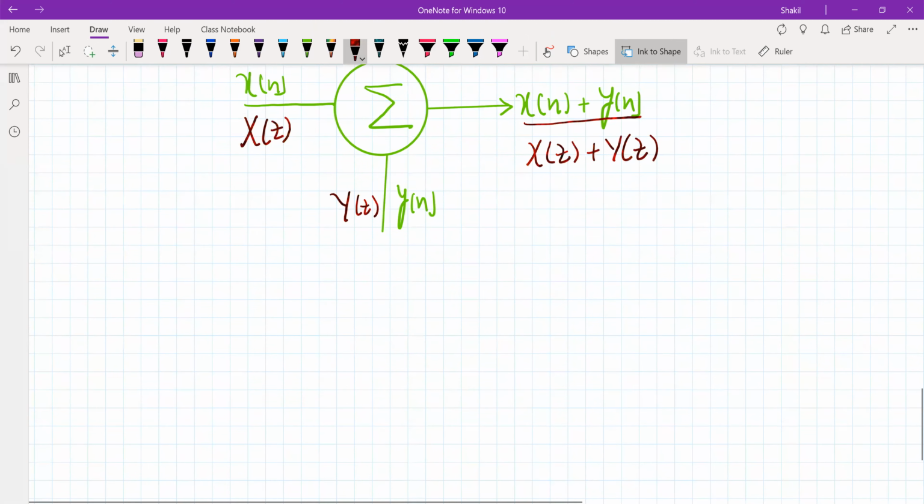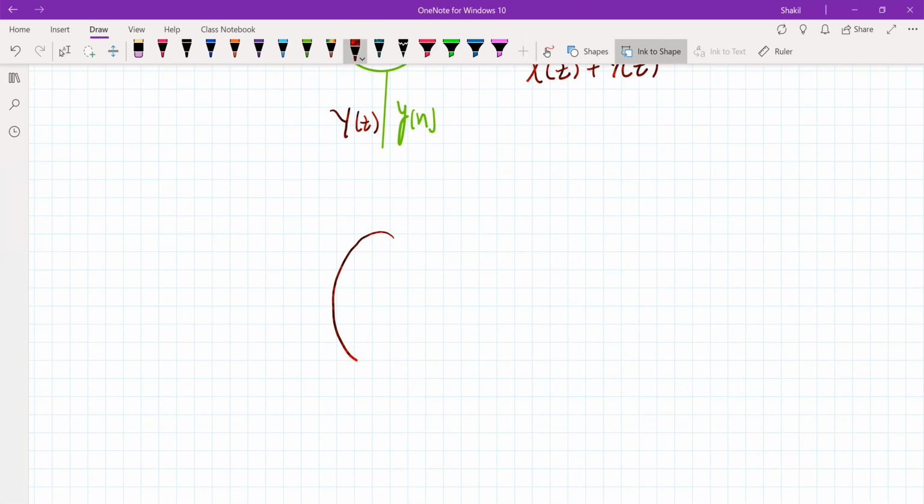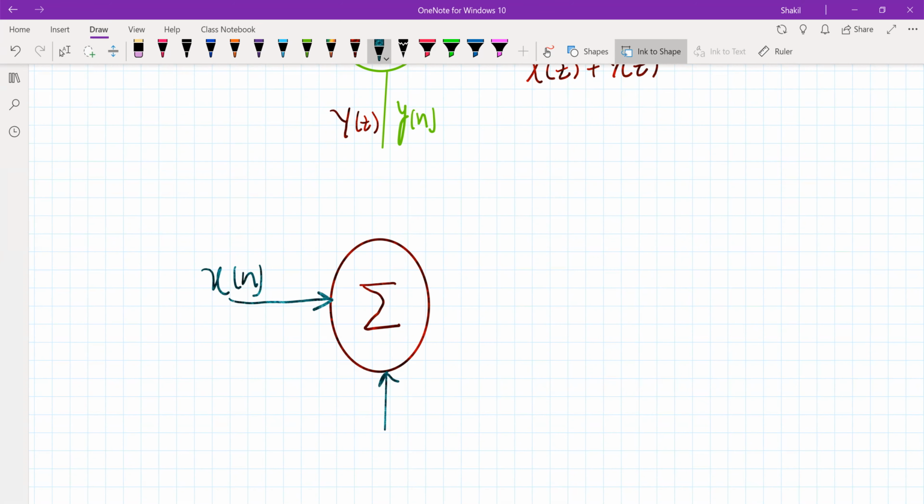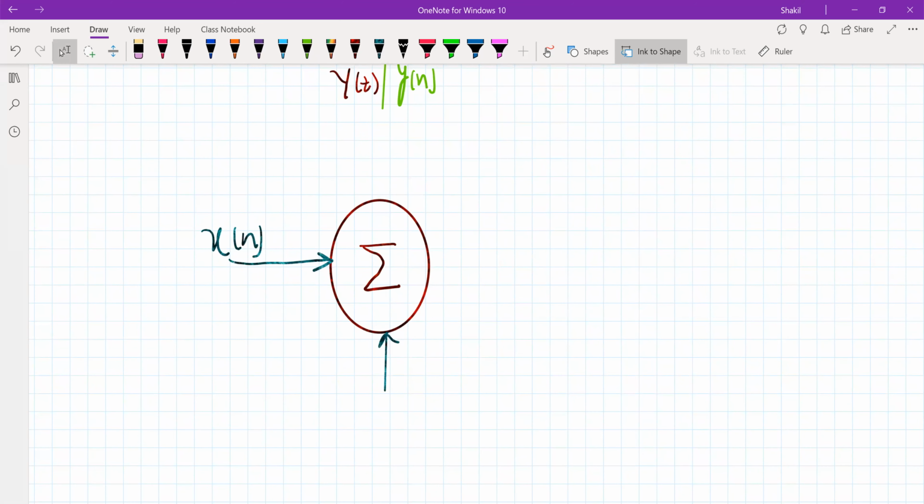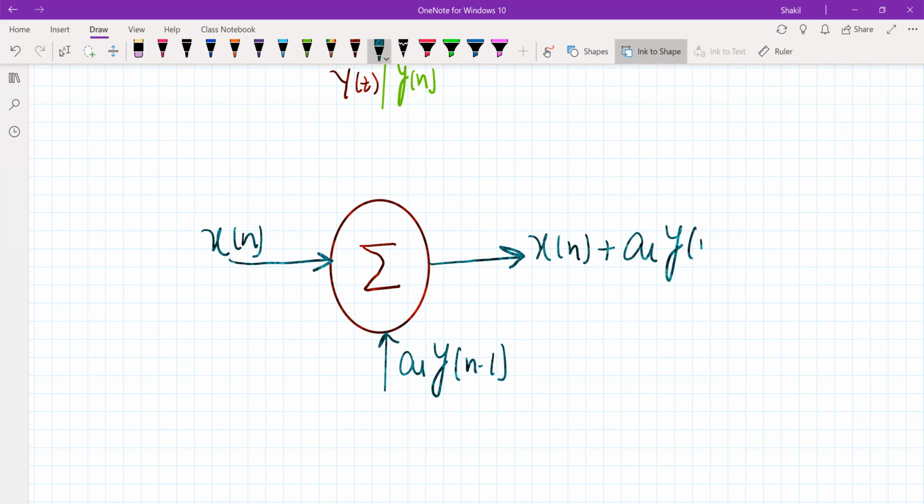Alright, now let me give you one more example. Let's try it again. So if the summer we show by this symbol, and the input is suppose x of n and let me suppose a1 y of n minus 1 in time domain. So the output will be, this is just an example, this plus this. So output will be x of n plus a1 y of n minus 1.